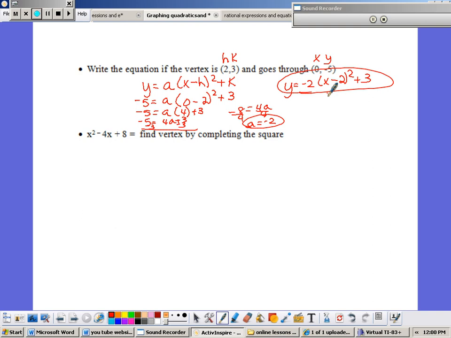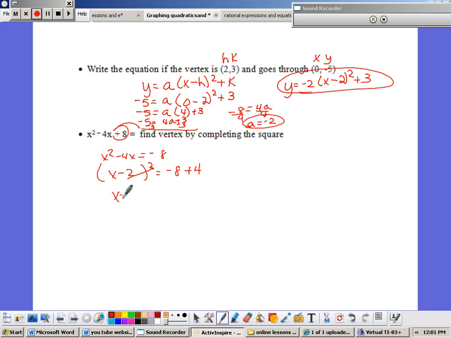Okay, now we're back to completing the square. They want us to find the vertex by completing the square. This is where, on that lesson, I showed you we want it in graphing form. So the first thing you do is move the c over. Then you take half of b, and you square it and add it to c.